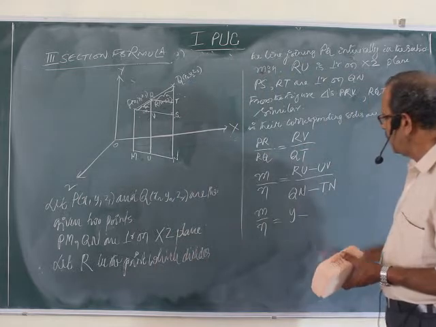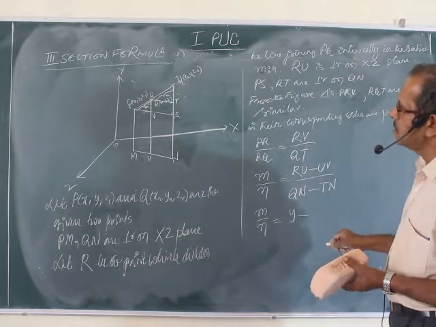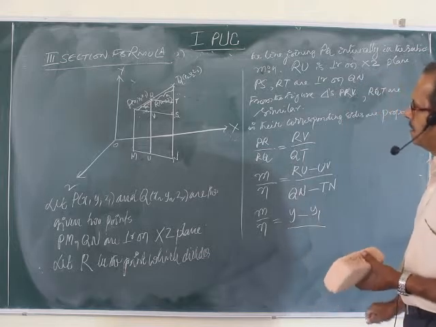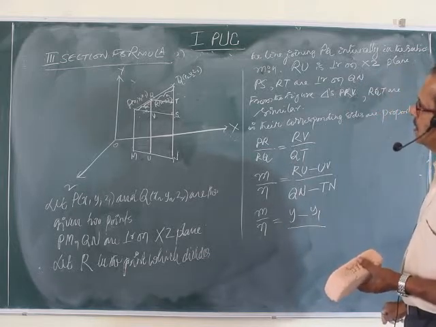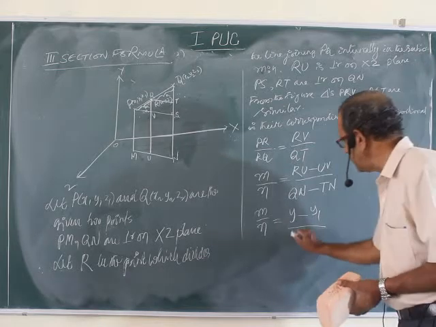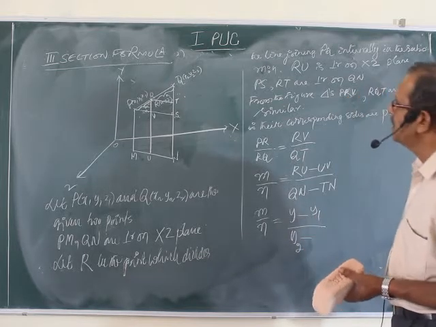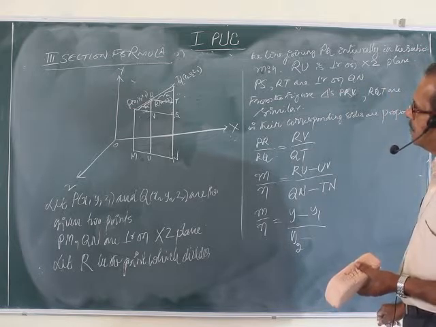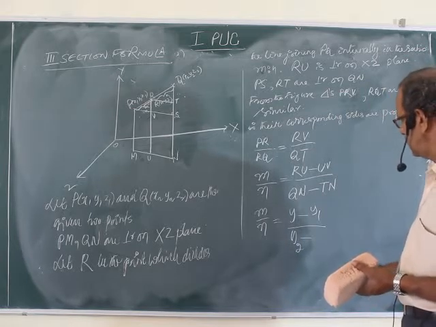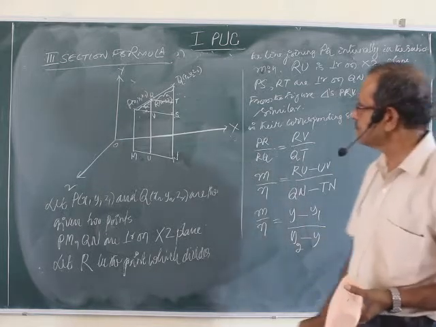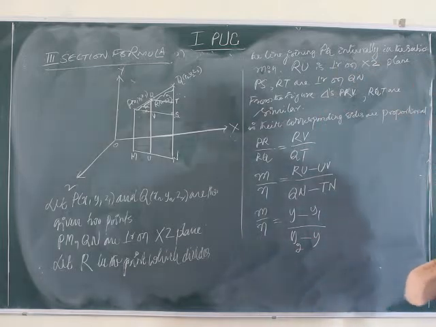Okay. Now, UV is the Y coordinate of the point P, which is Y1, divided by QN, the Y coordinate of the point Q, Y2, minus TN. TN is the Y coordinate of the point R, Y. Again, let me see that.